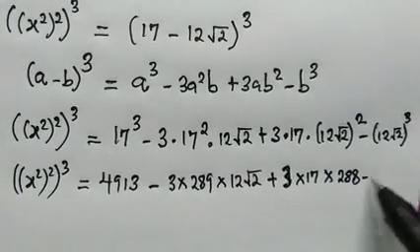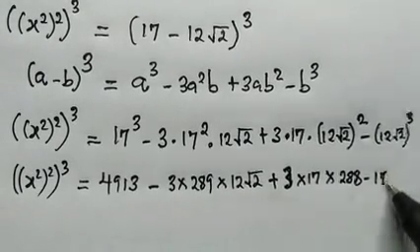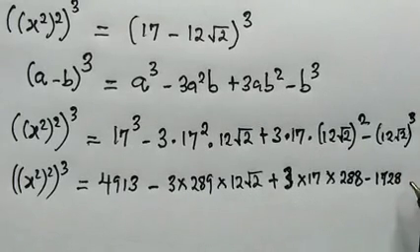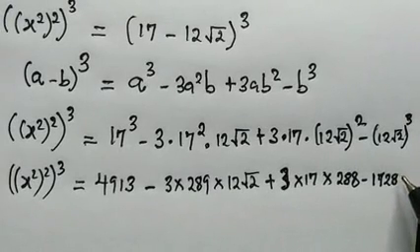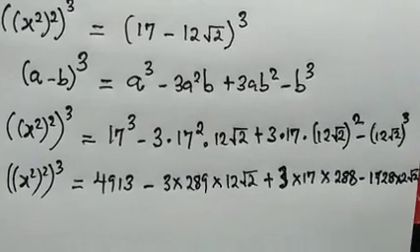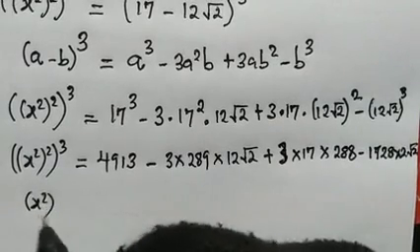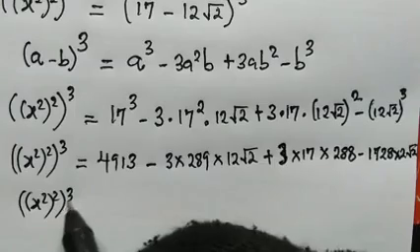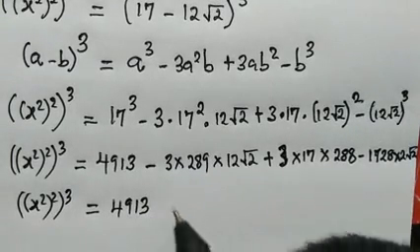Right, then minus 12 cubed, which will give us 1728, then times root 2 cubed, which will give us 2 root 2. So this is 2 root 2 from here. Okay, so here we have x squared squared cubed, which will be equal to 4913.